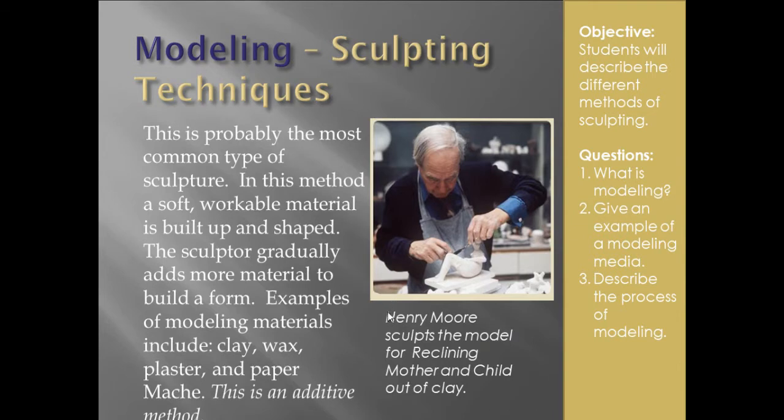In this case, he's creating a model for a larger sculpture titled The Reclining Mother and Child. Other examples of modeling materials could include clay, plaster, and papier-mâché. And just note, this is an additive method.